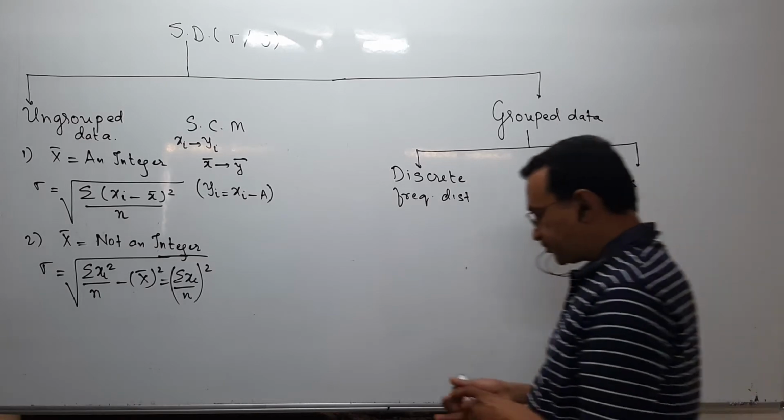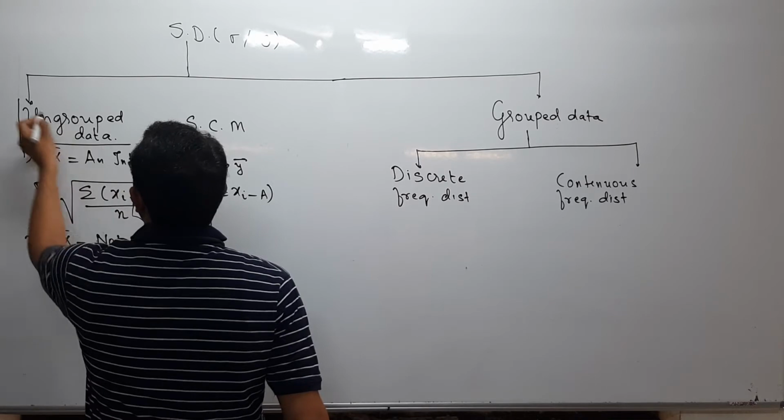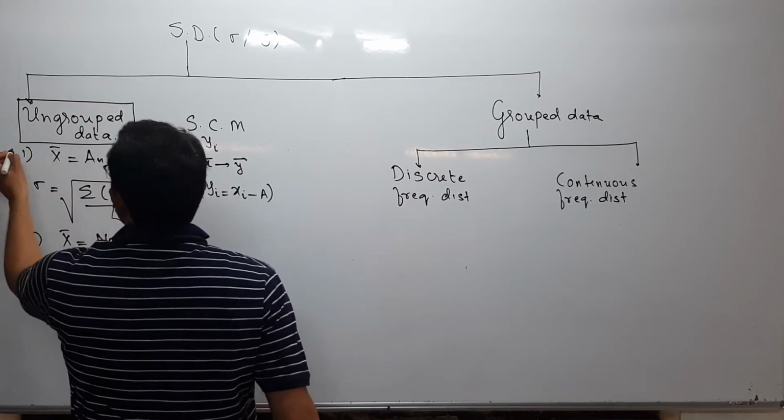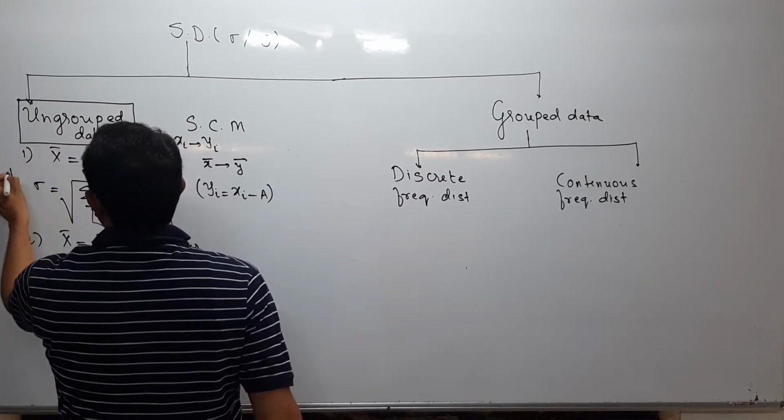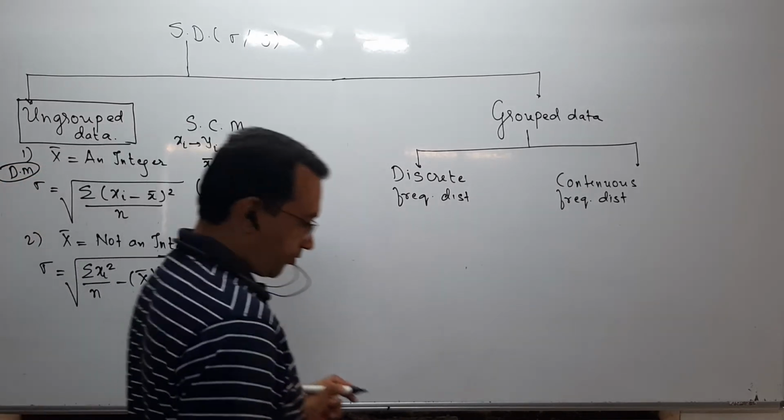But I told you, as far as ungrouped data is concerned, we go for DM, and that is direct method.